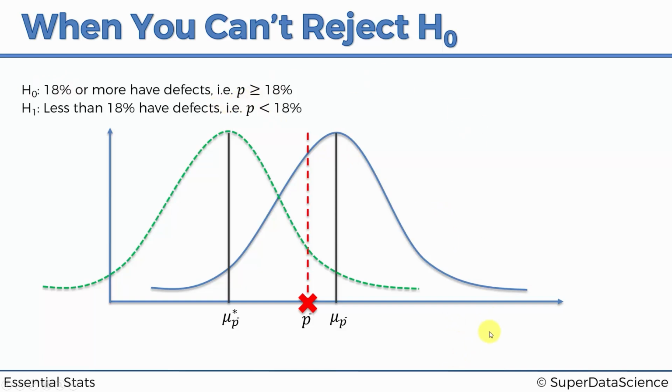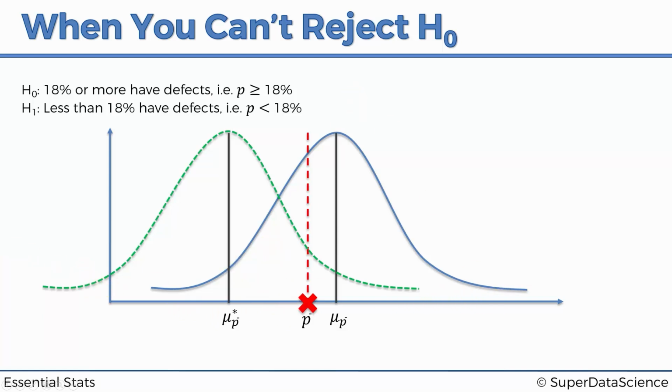If we don't come to a contradiction, it doesn't mean we can reject H1. It just means that it could be something like this, where we picked a p hat which fits the hypothesized H0 distribution, but it also could be coming from an actual real distribution, which is this green one, and that just means we need more evidence to find out that the blue distribution is incorrect.